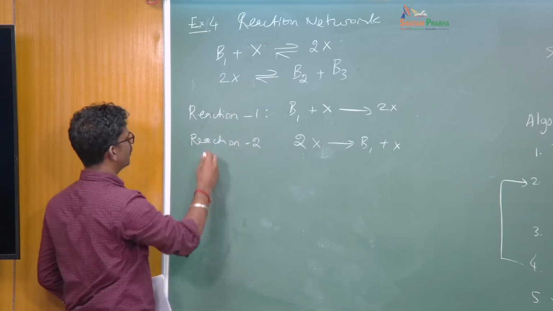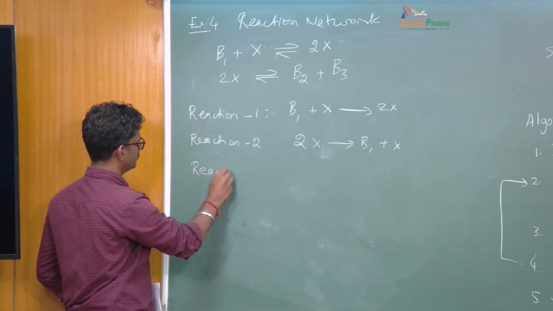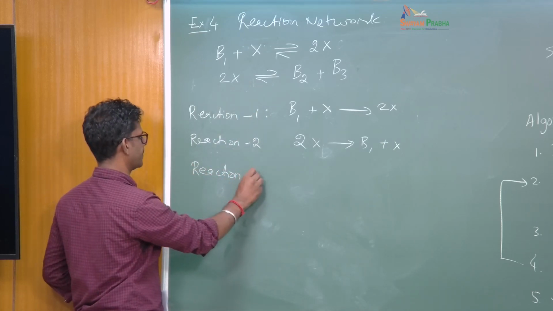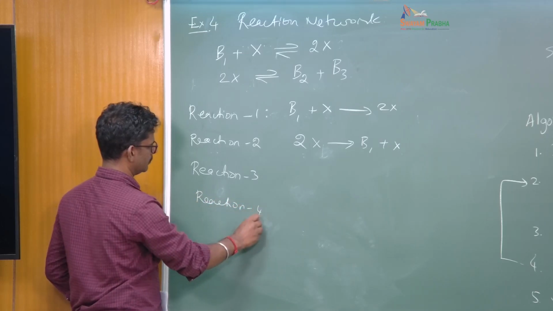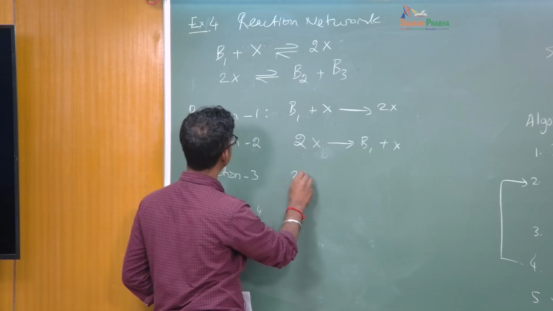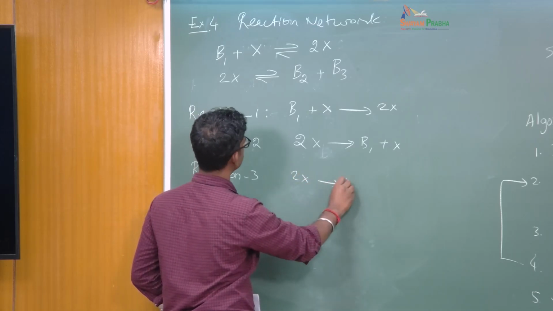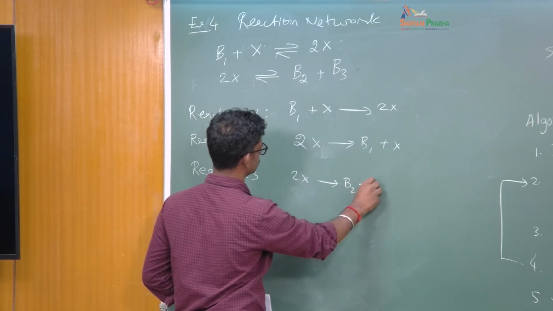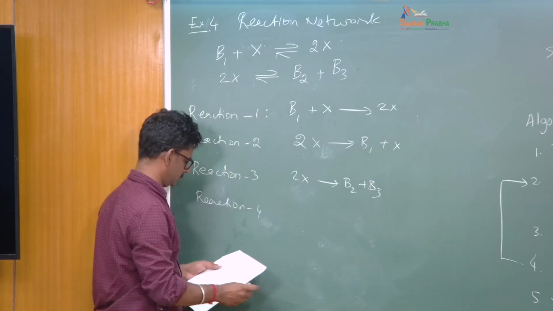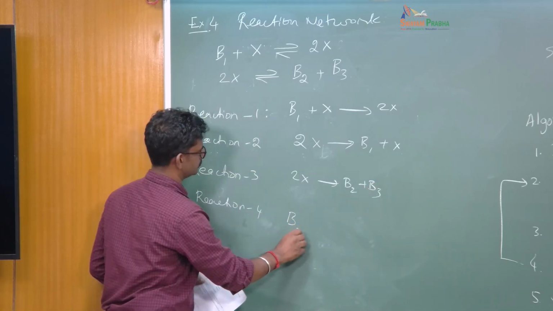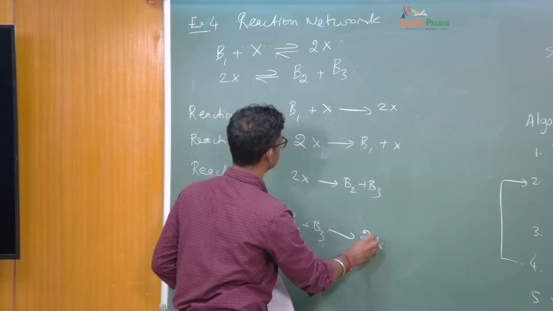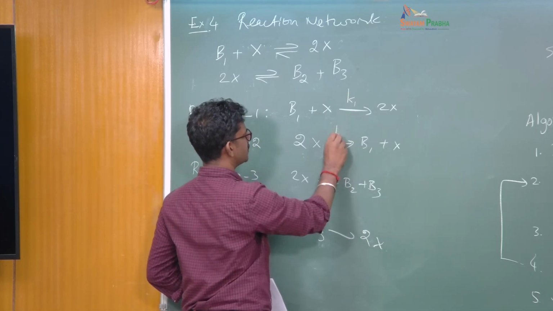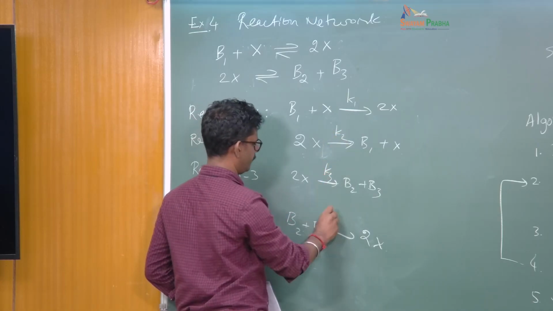Similarly, we can decompose the other into reaction 3 and 4, with rate constants K1, K2, K3 and K4, etc.